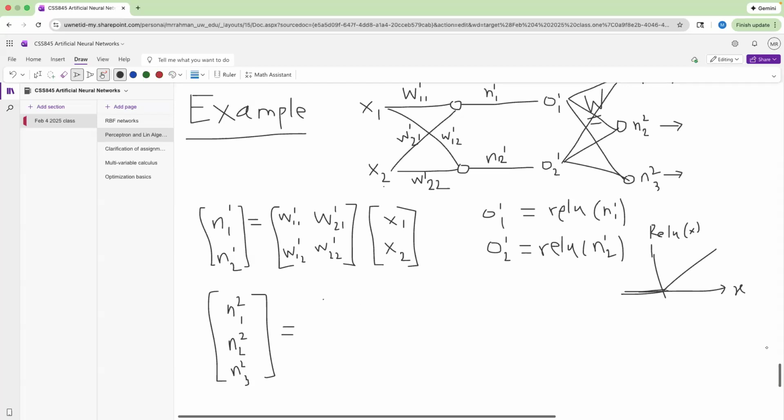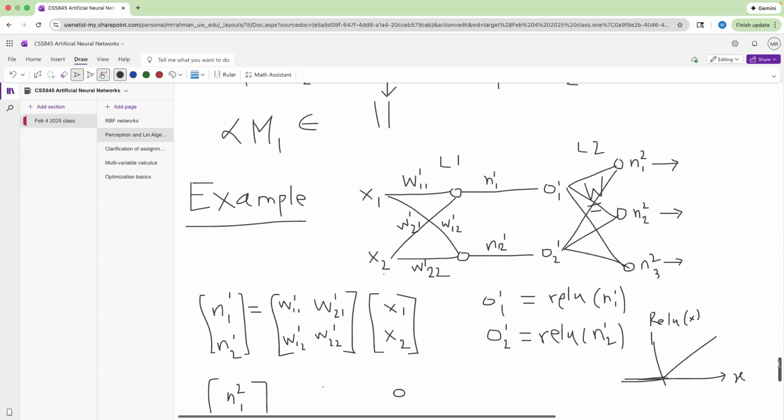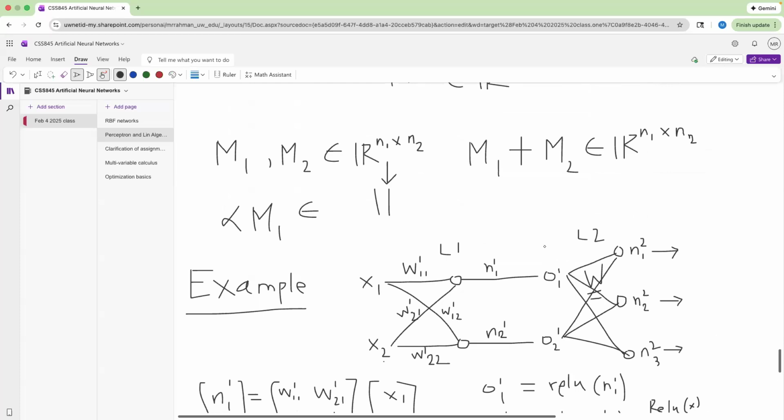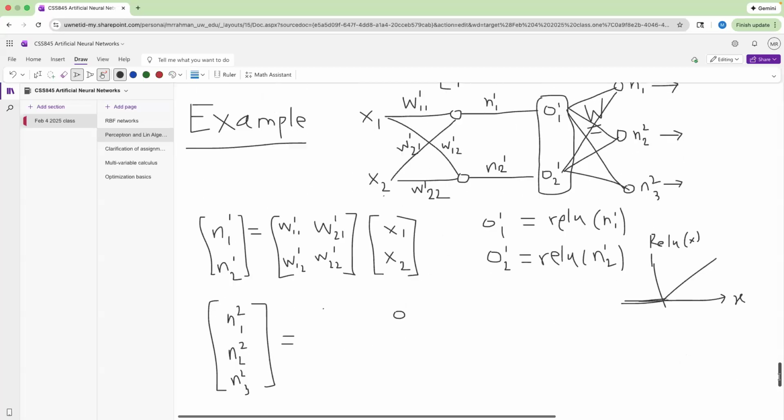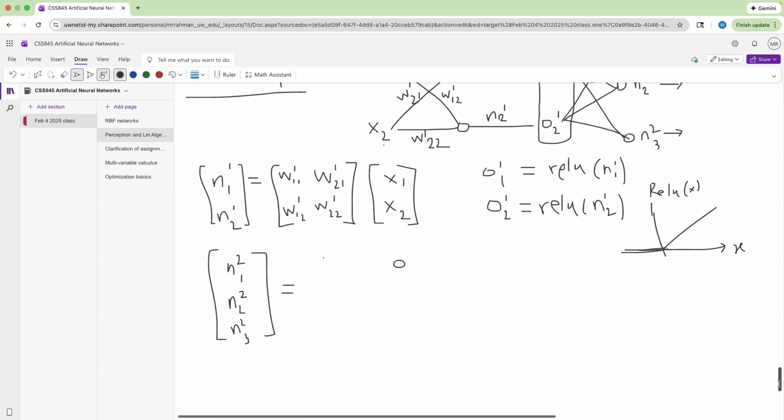So in this case, now in the second layer, this is now the input, and this is your output, right? So the output is a three-dimensional vector, and the input is a two-dimensional vector.